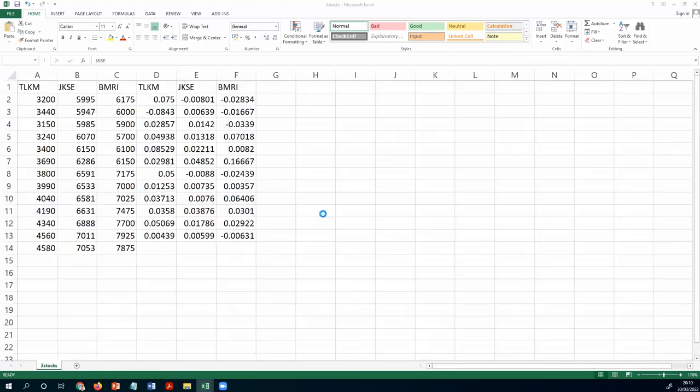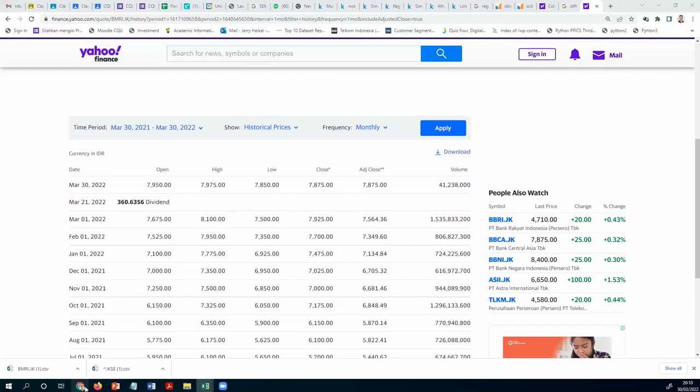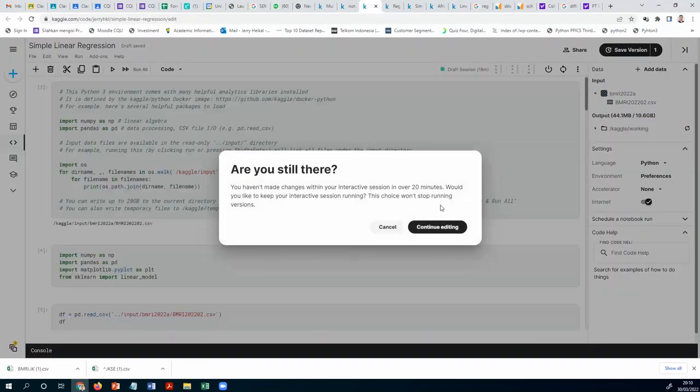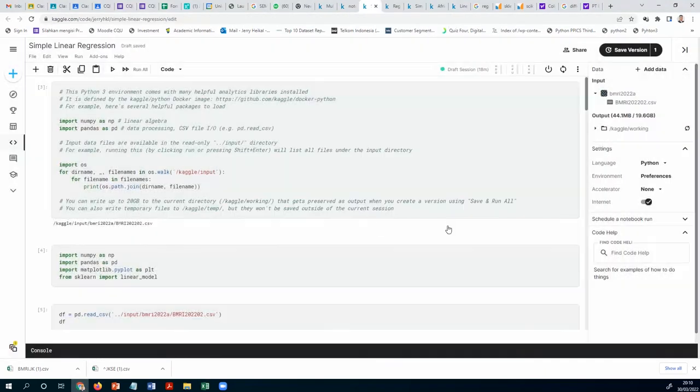Come again to the simple linear. Actually, I already put the data here, but not the return, only the closing price. So let's add more data.